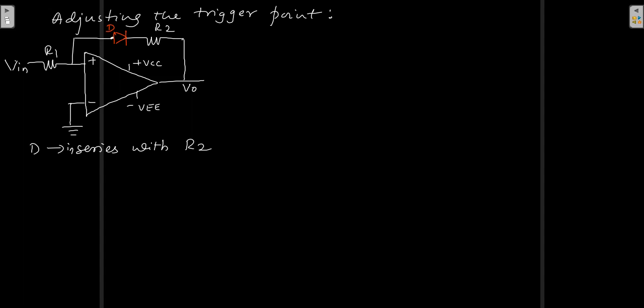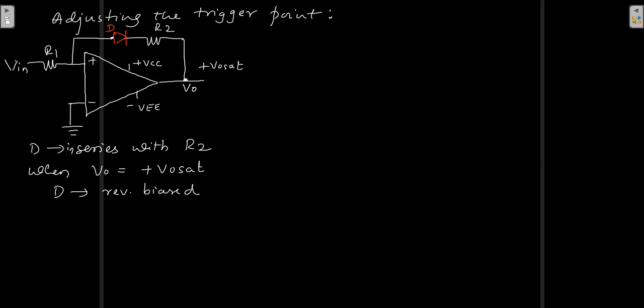Now the analysis is very important here. When the output is positive, at plus V0 sat, the diode will be reverse biased.